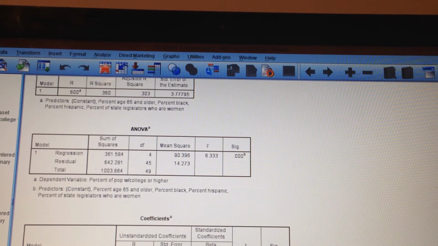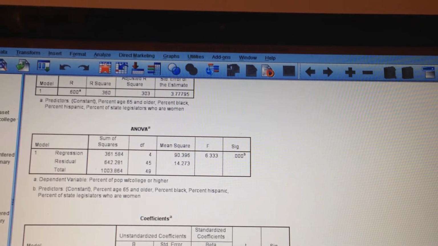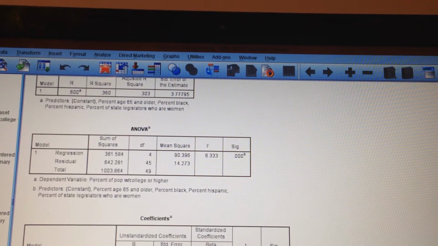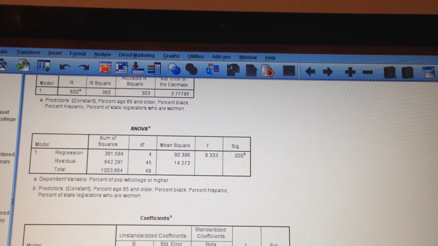That would mean that this would be the effect of a 1% increase in the black population, even if female legislators, percent Hispanic, and 65 and older were all controlled too. So regression analysis with more than one independent variable yields the independent effect of each independent variable in the model. Okay?